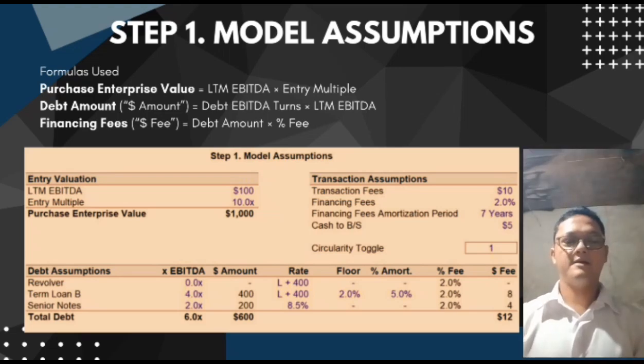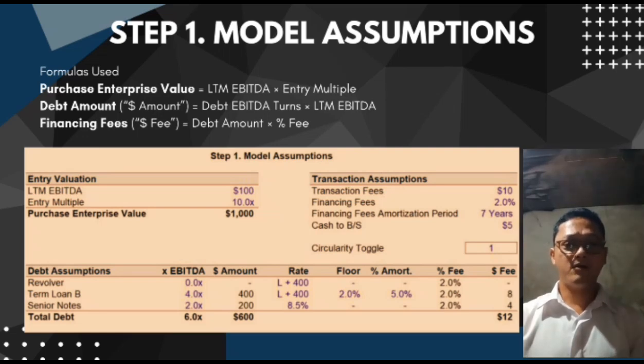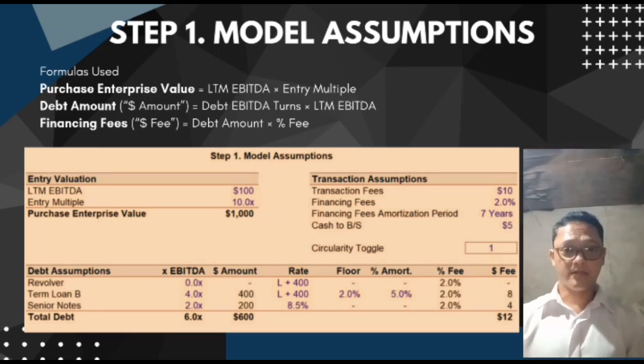Here's the debt assumption. With the entry valuation and transaction assumption filled out, we can now list out the debt assumptions related to each debt tranche, such as the multiple of EBITDA, pricing terms, and amortization requirements. The amount of debt that the lenders have provided is expressed as a multiple of EBITDA, also called a turn.